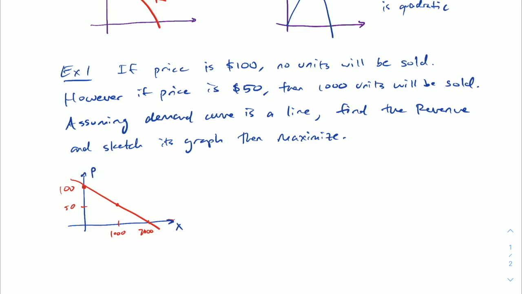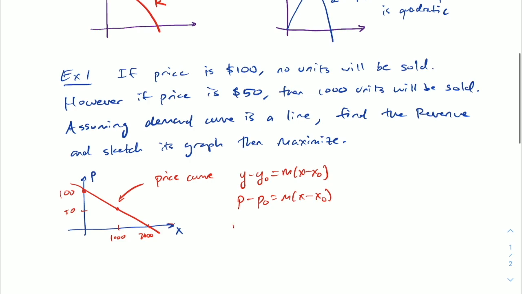Okay, so the equation of this price curve. So let's use the point slope form of the line. And we'll use P instead of Y. And then the slope, well, the slope is rise over run. The rise is negative 100, and the run is 2,000.